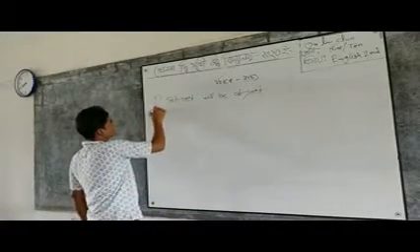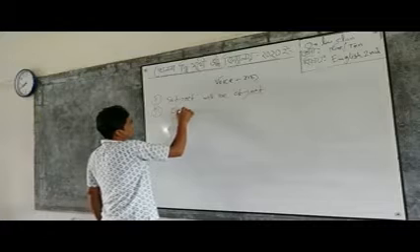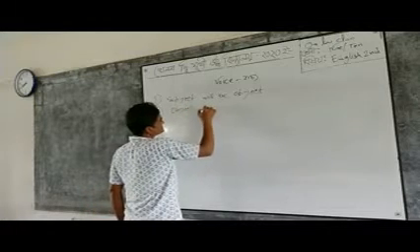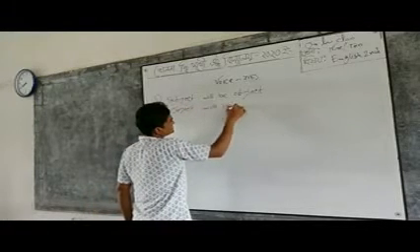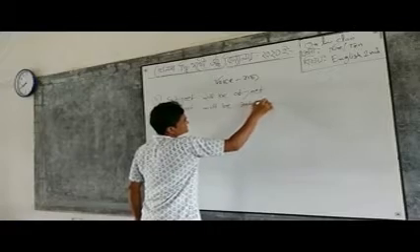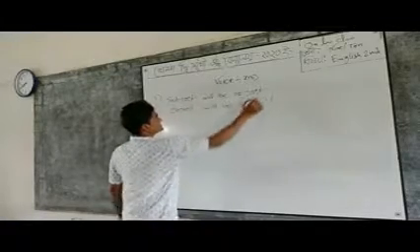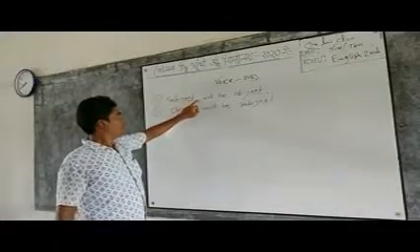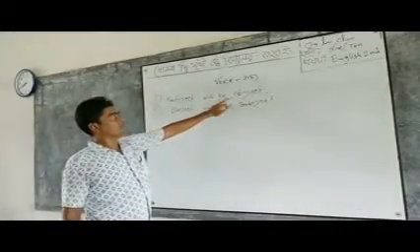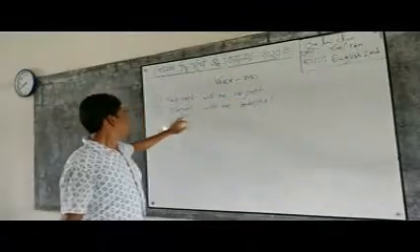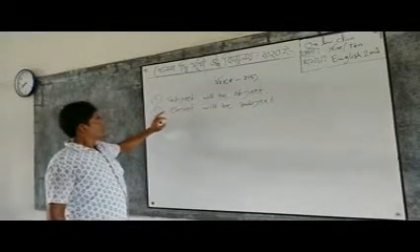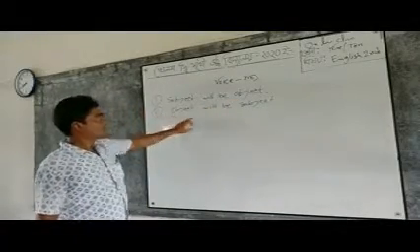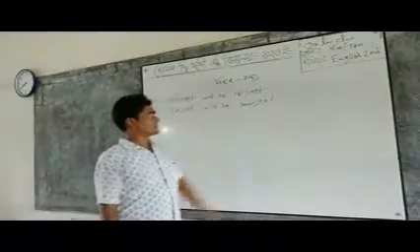Number 2, object will be subject. That means the subject of an active voice will be the object of a passive voice, and the object of an active voice will be the subject of a passive voice.